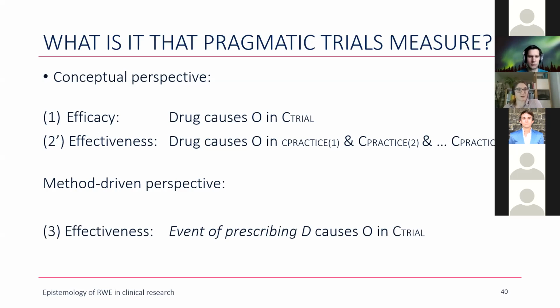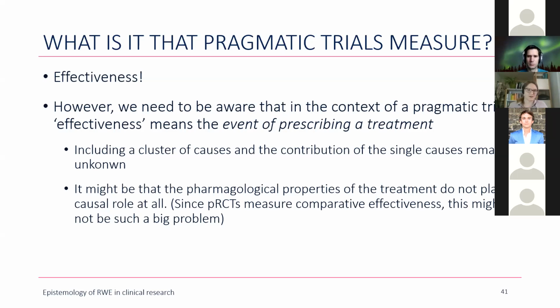So just to sum up and to try to make some suggestions how to go on from here, what is it that pragmatic trials really measure? I think it's effectiveness. I don't see any reasons why we should not think of effectiveness in this way when we look at pragmatic trials. However, we need to be aware that in the context of pragmatic trials, it's not the same kind of effectiveness as the conceptual perspective would probably suggest.